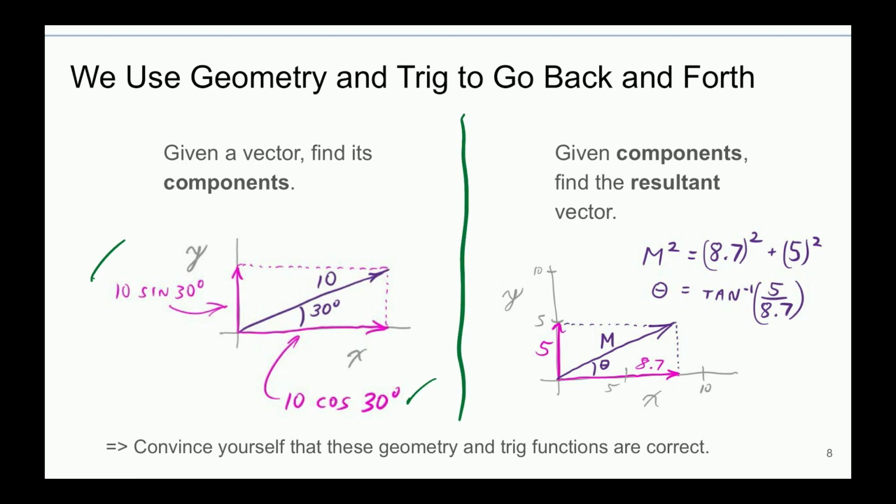Likewise, I can go the other direction. So on the right side, I have components, and I want to find the resultant vector. Somebody gave me the 5 vertical, the 8.7 horizontal, and asked me to find the magnitude and the direction, theta, of this vector. And I was able to do it using the equation shown. I used an inverse tangent function here because the 2 sides of the triangle were given.